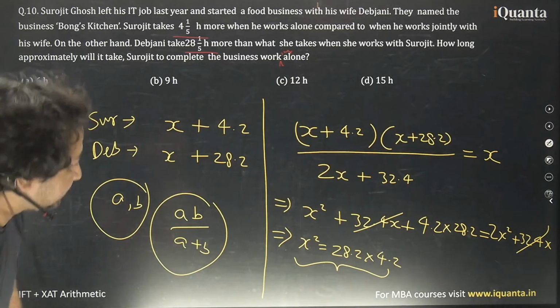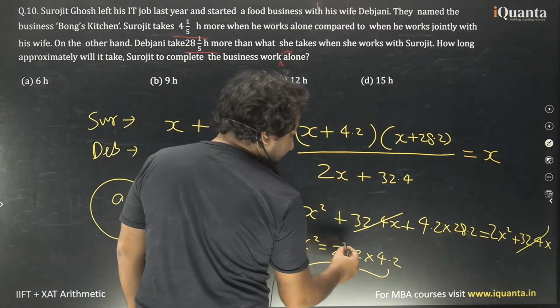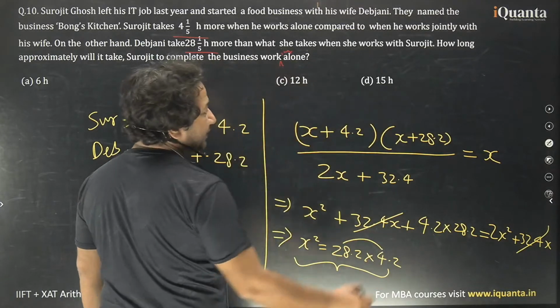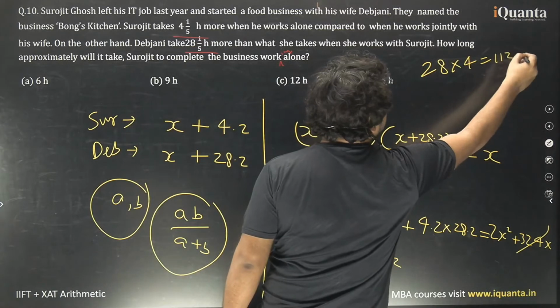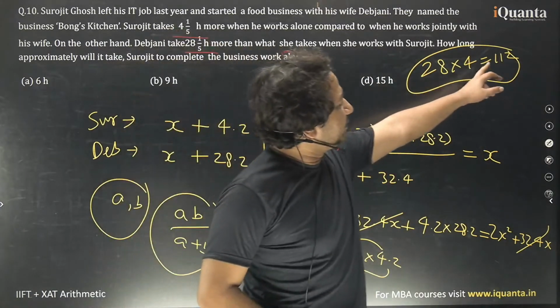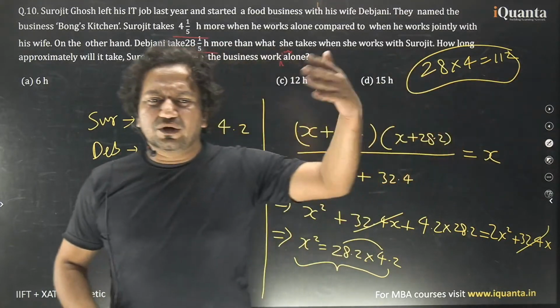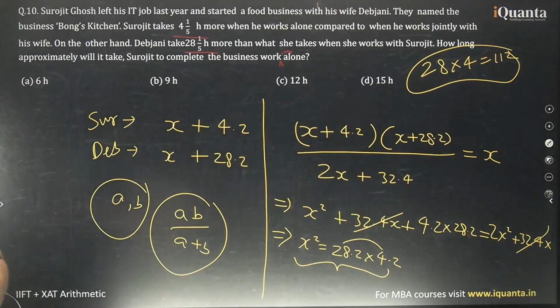Well, look at this. 28 and 4. The product of 28 and 4 is basically 112. But here we have 28.2 and 4.2. So this product will be more than 112, probably around 120, isn't it?